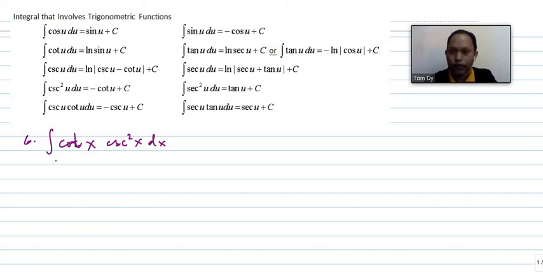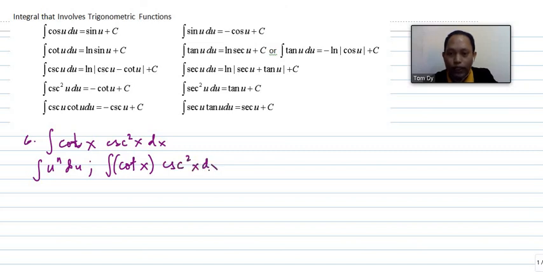Instead, we will make use of another formula. Out of this integral that involves trigonometric functions, we will make use of the integral of u to the n du. For this case, our u is cotangent x. So we will write here cotangent x as our u, and then our target du is cosecant squared x dx.